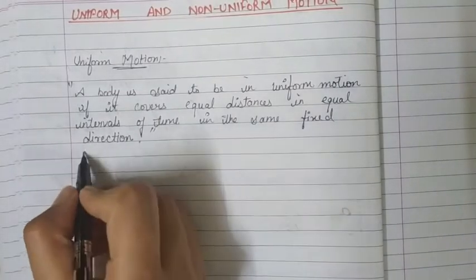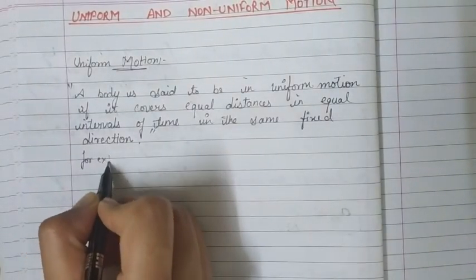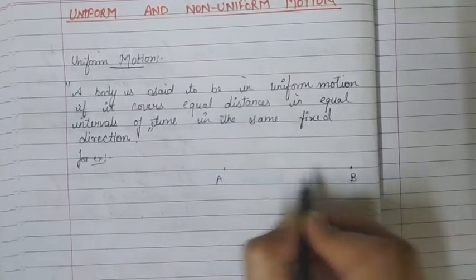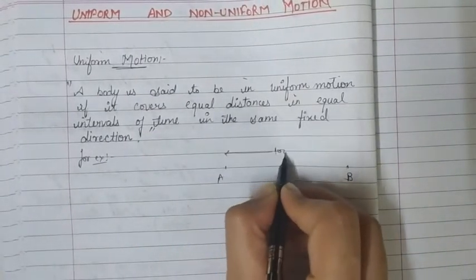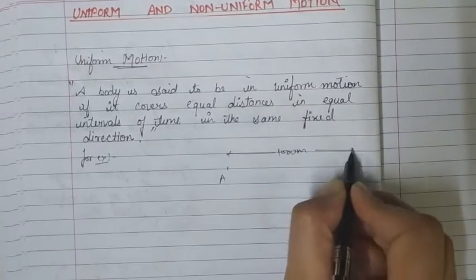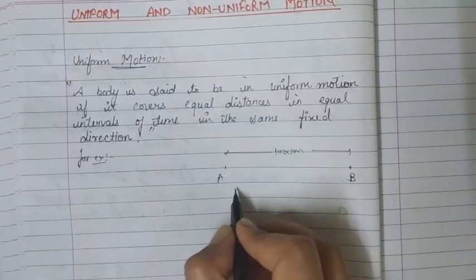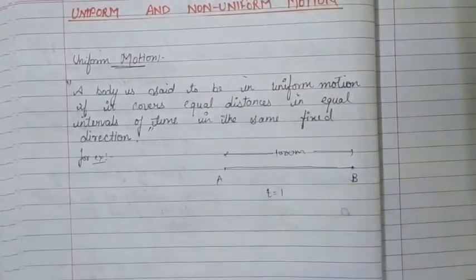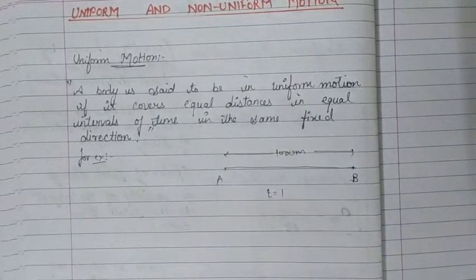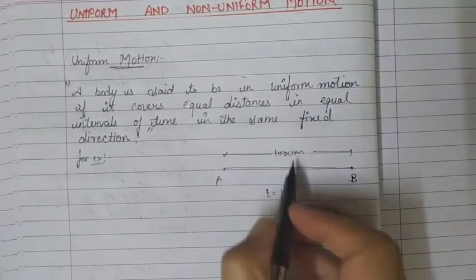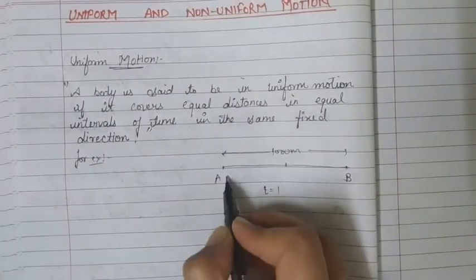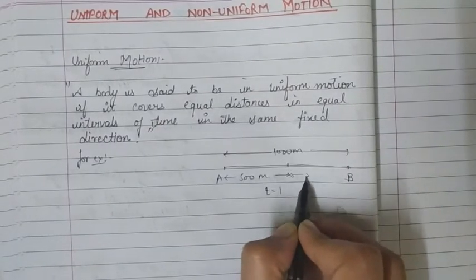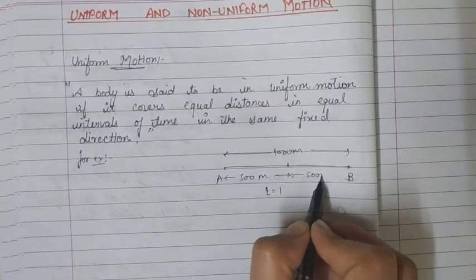For example, suppose a body travels from point A to point B, which is 1000 meters, in 1 minute, so it takes time t equal to 1 minute while traveling from A to B. Then it will be in uniform motion if it covers 500 meters each in 30 seconds.